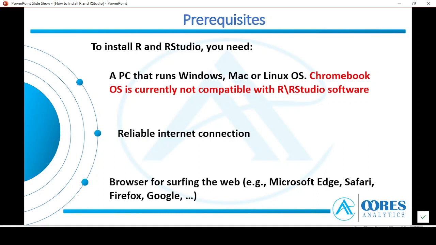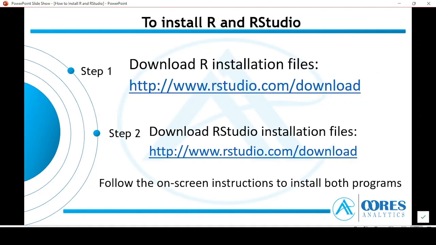At this point, those who have a Chromebook have not been successful because it's currently not compatible with R and RStudio. You also need, of course, a reliable internet connection and a browser for web surfing. This could be Microsoft Edge, Google Chrome, Firefox, Safari, and any of those browsers. So now let's get ready to install R.